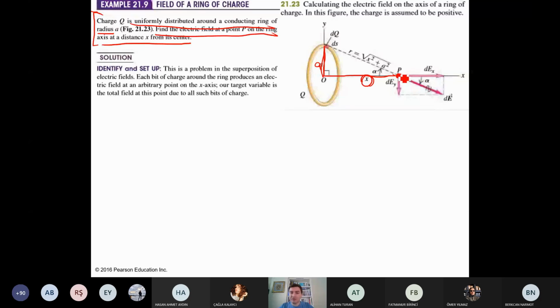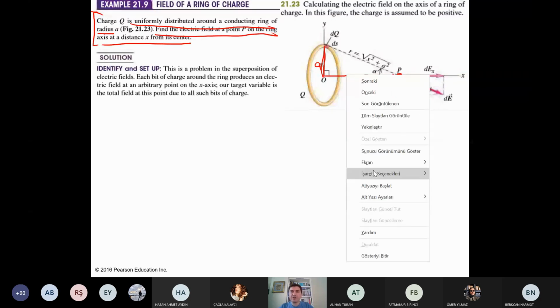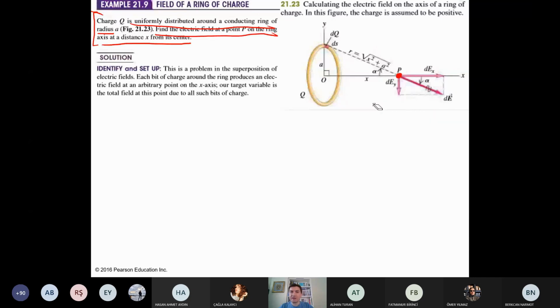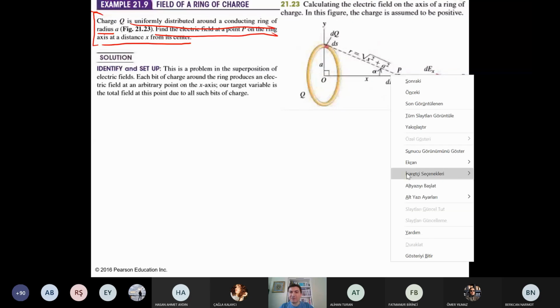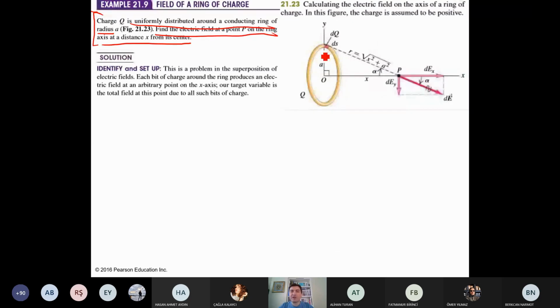In order to solve this kind of problem, you can use the integral, okay? You produce infinitesimal parts of the object, then calculate the electric field of each part, then you can finally calculate the total electric field produced at point P. I will explain what I mean.